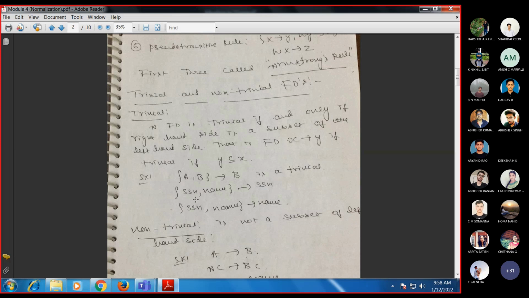Then example, you can see SSN comma name determinant SSN here. In this case, whether the right hand side attribute is a subset of the left hand side, say yes or no. Are you there in the class, all of you?